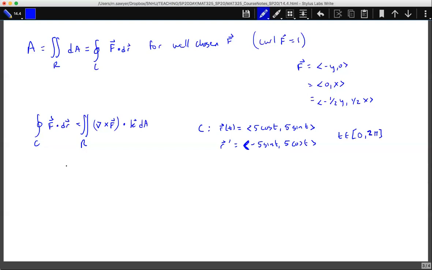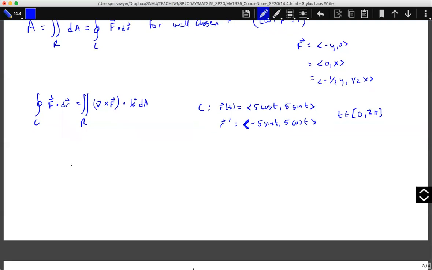And so when we're finding our area, if we find our well-chosen field f for our initial curl here, with time going from 0 to 2 pi, we have f dotted with r prime, negative 5 sine of t, comma 5 cosine of t, dt.